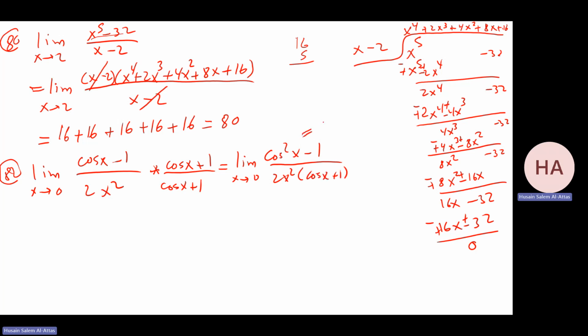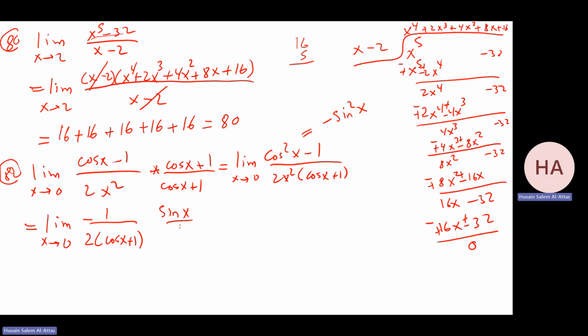This is minus sine squared. That's like 1 minus cosine squared, all times minus 1. So I can simplify it: minus 1 over 2 times (cosine x plus 1), times everything except sine squared over x squared.